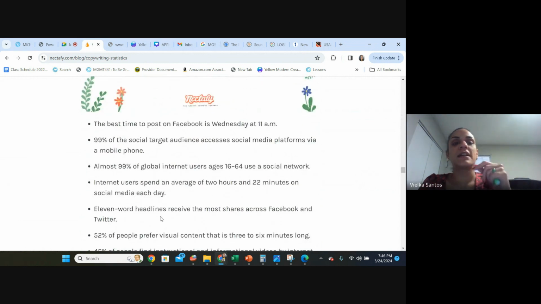Look at this here. The best time for posting on Facebook, we were talking about this, is 11 a.m. Social media target audience access the platform via mobile. Right now, look how high the level of mobile is, 99% of global internet users aged 16 to 64 in a social network. Internet users spend an average of 2 hours and 22 minutes on social media each day.